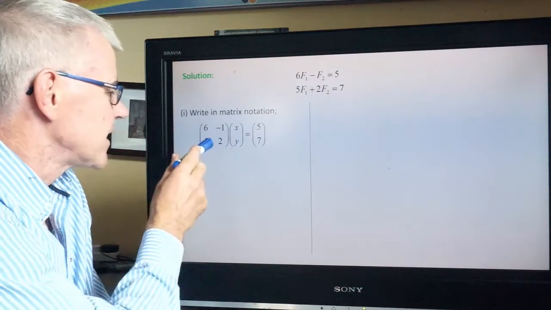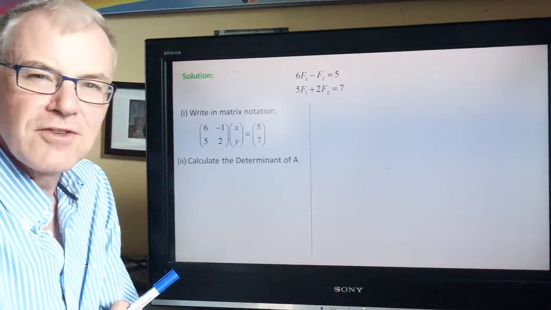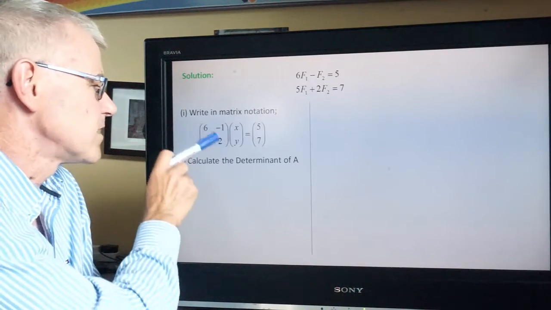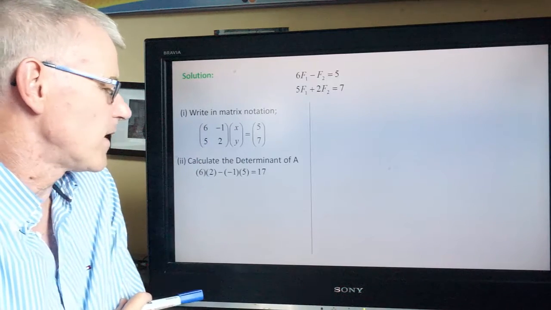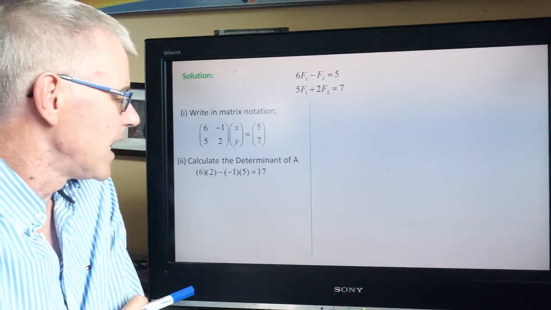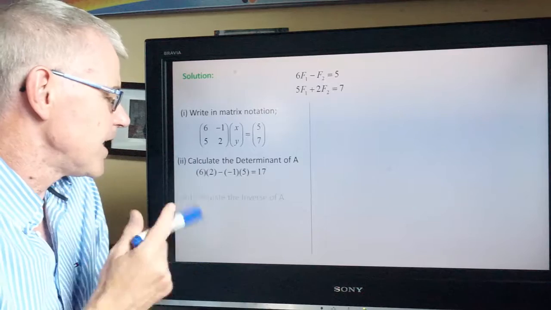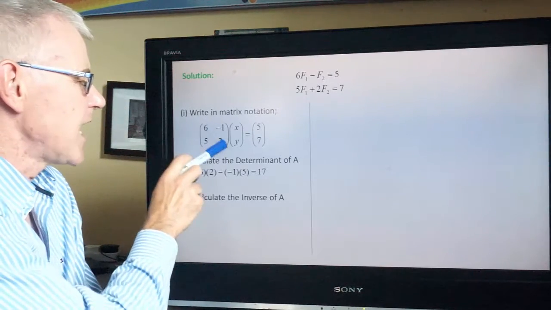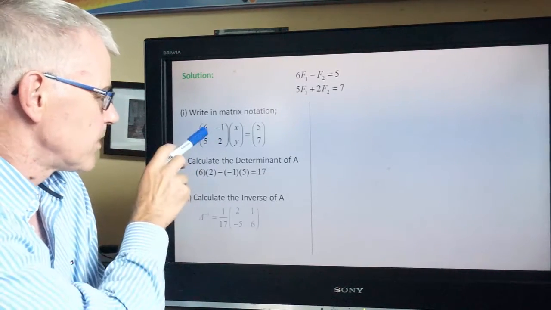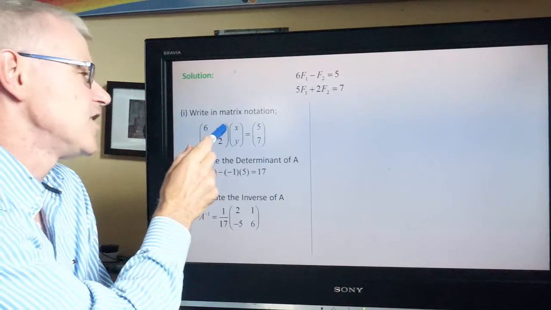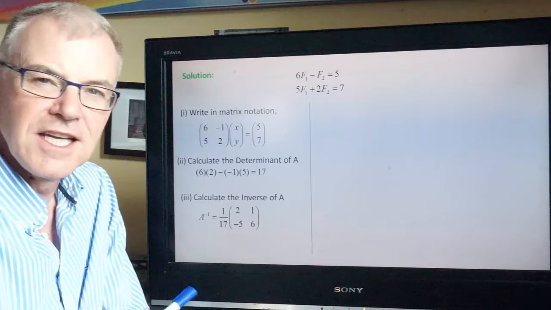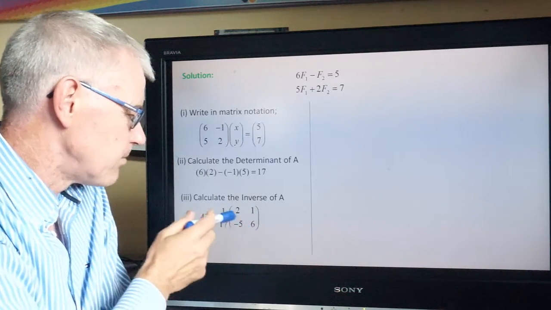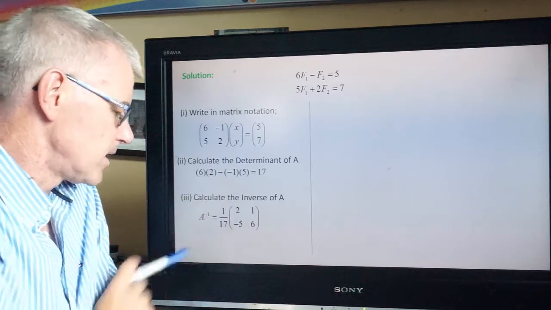So to do that, we need to get the determinant of the 2 by 2 matrix, which is the difference in the products of the diagonals, which will be 12 minus minus 5, which is the same as 12 plus 5, which is 17. And then we get the inverse by interchanging a and d. So this becomes 2 and this becomes 6, and then changing the sign of minus 1 and 5, so we get 1 and minus 5. And we multiply the new matrix by the reciprocal of the determinant.